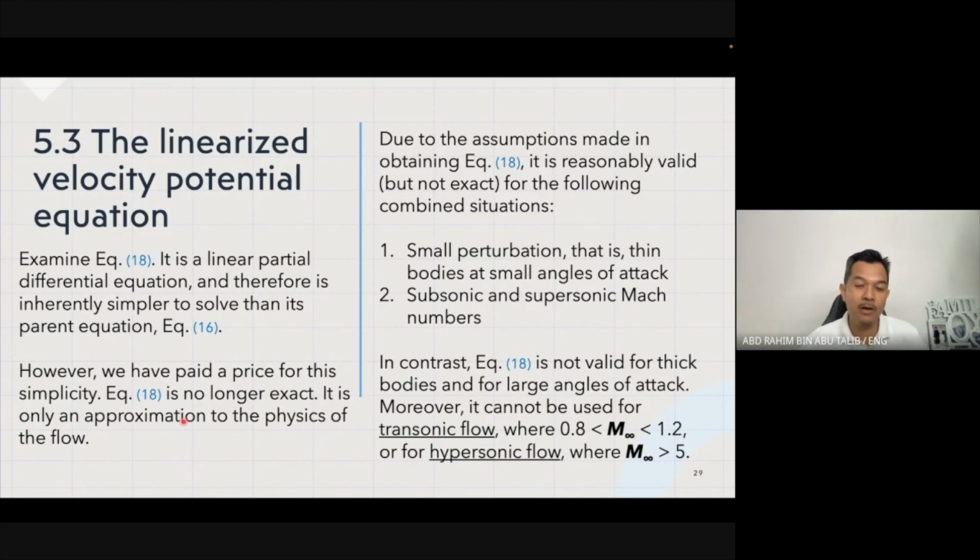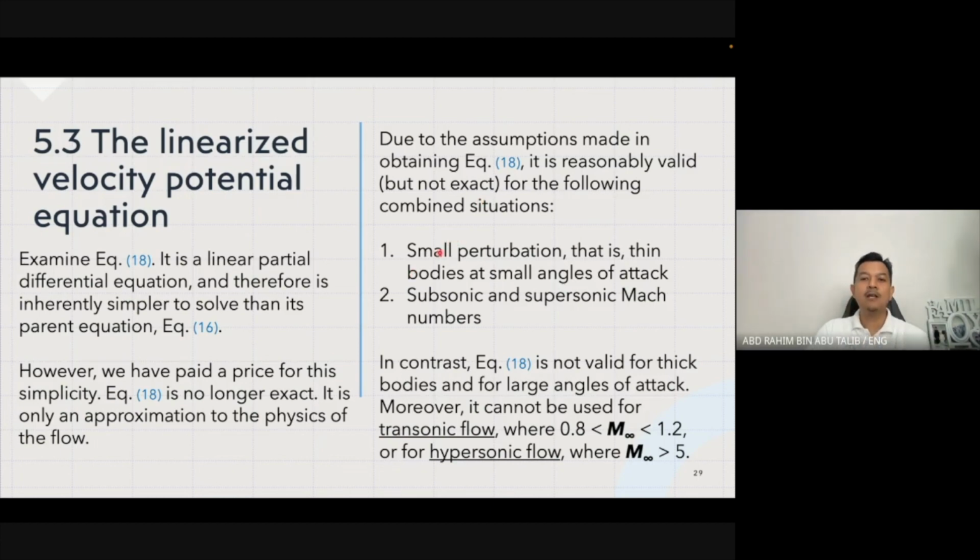It is because we are making assumptions where we want to do the design of aerodynamic shapes, so we have to try to reduce. There is a cost when you make a lot of assumptions. All right. So due to the assumptions made in obtaining equation 18, it is reasonably valid, but not exact, for the following combined situation.